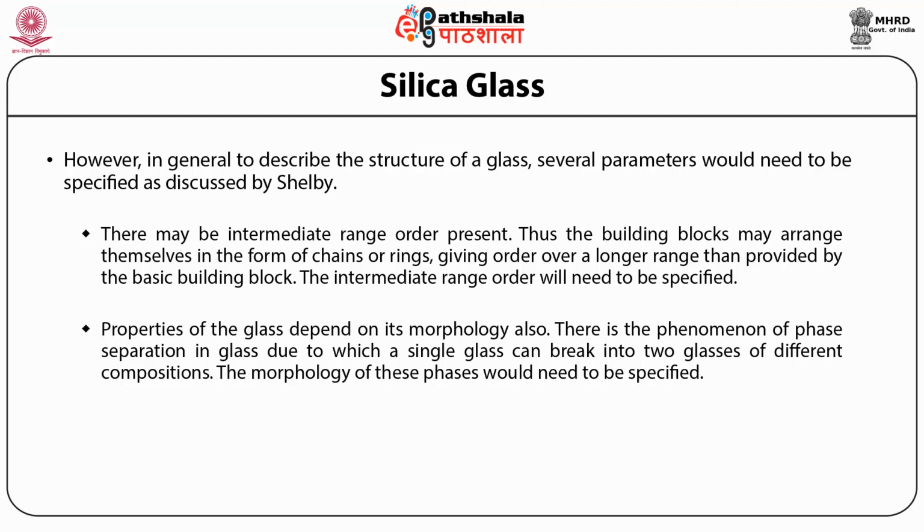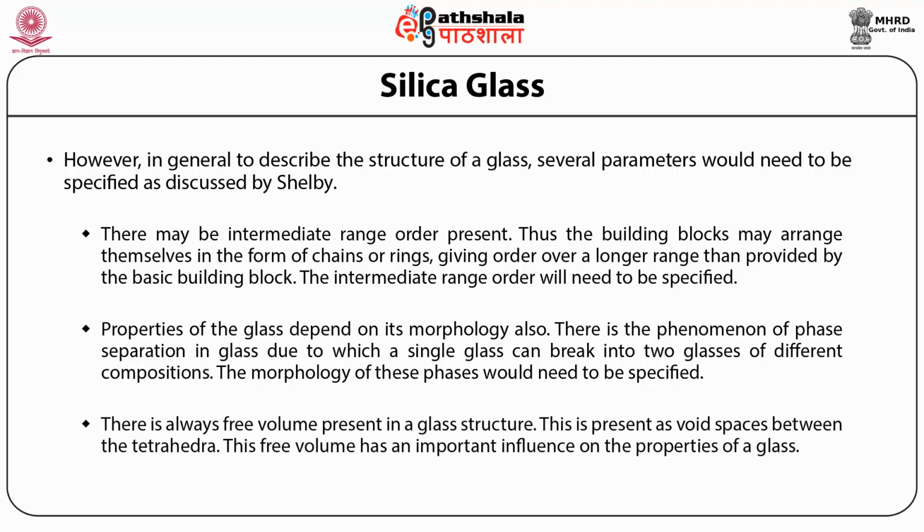The morphology of these phases would need to be specified. Next, there is always free volume present in a glass structure. This is present as void spaces between the tetrahedra. This free volume has an important influence on the properties of a glass.